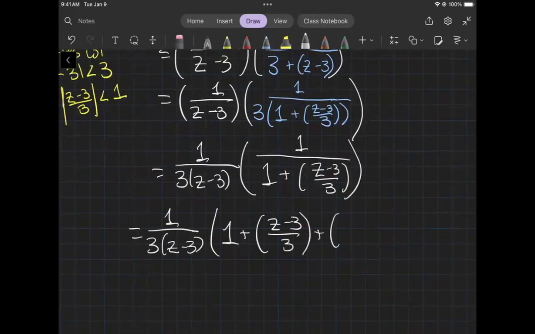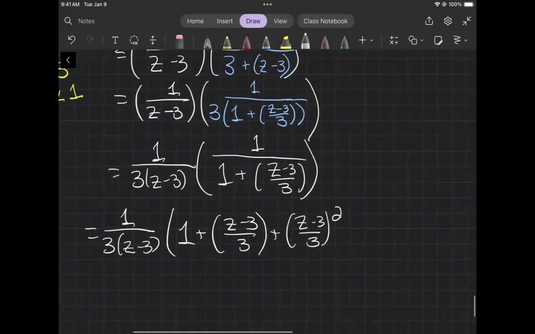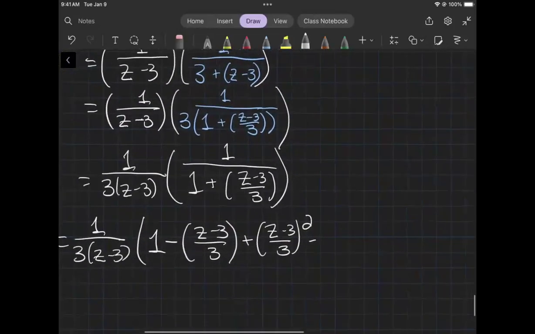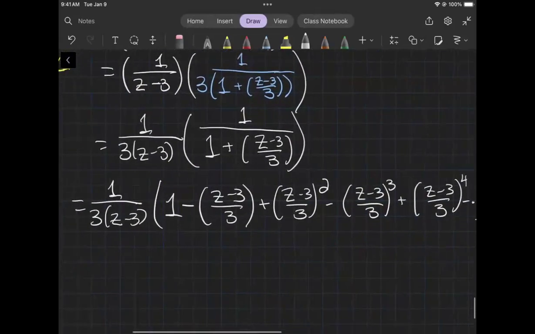So this equals 1 over 3 times z minus 3 times 1 minus z minus 3 over 3 plus z minus 3 over 3 squared. It's alternating, so this is a minus, this is a plus, minus z minus 3 over 3 cubed plus z minus 3 over 3 to the 4th, minus, and this pattern keeps going.